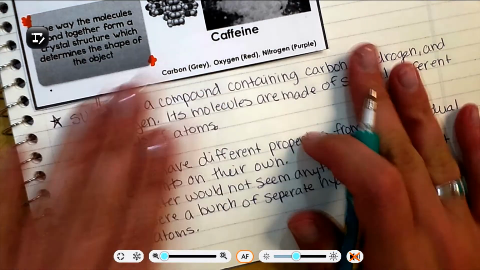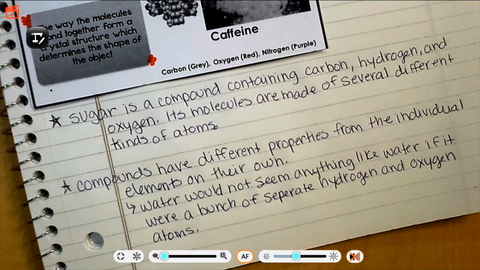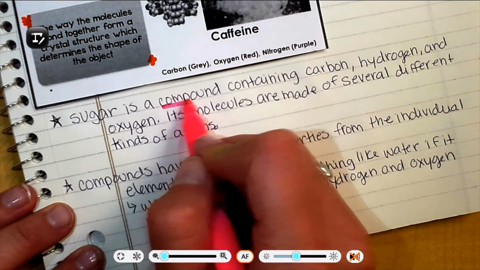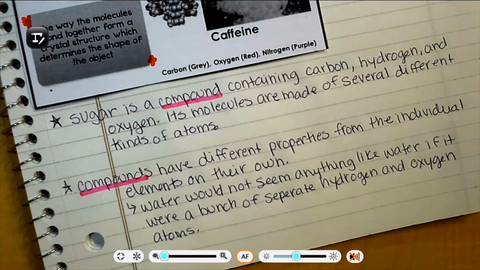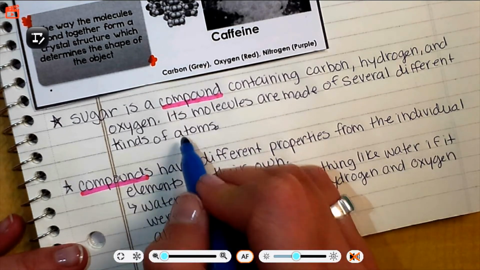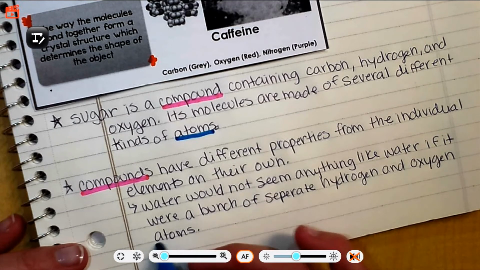So remember to pause the video, make sure you get this caught up. You're going to need 2 to 3 different colored markers here. So I want you to, when you see the word compounds, underline it in your first color, compound, compound. When you see the word atom, I want you to underline it in a second color, atoms.